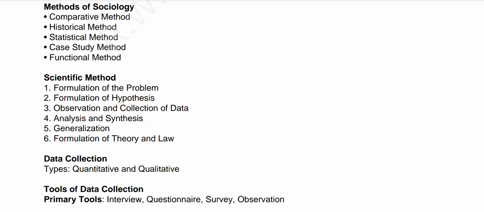Means he has to make it easier for the readers or for different publics, because in the analysis part he has maybe done the rough work in a very complicated way. Now he will do it in an easier way, in a more structured way. Okay, and in the last, formulation of theory and laws. Here when the scientist or the researcher has succeeded in describing and explaining the relationship between various factors and the problems, he has formulated a theory.